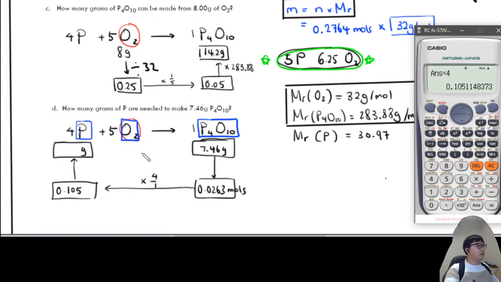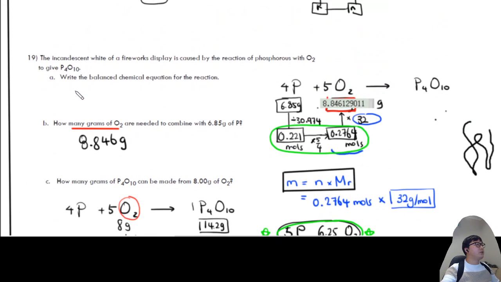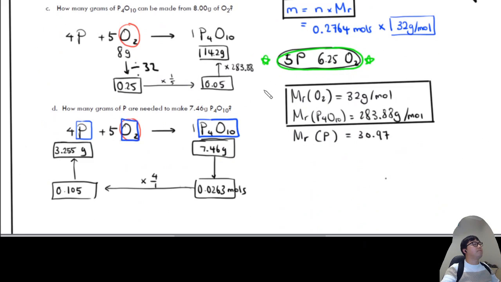And then you go up this way by timesing by 30.97. 3.255. So that's how you do it. So this is about the mass-to-mass stoichiometry. All good?